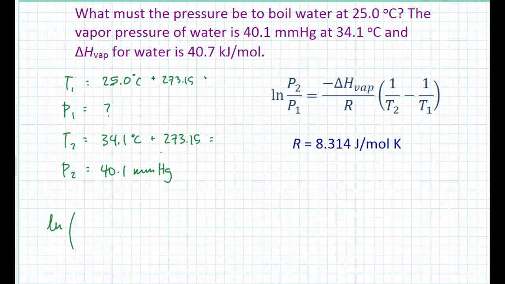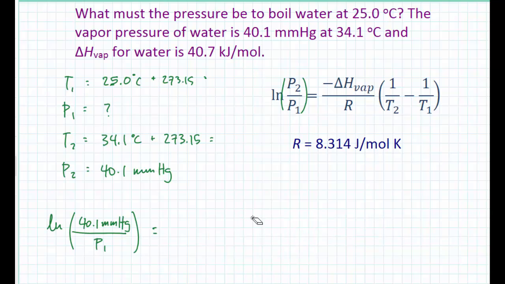Now make sure you put parentheses. I would even do it in the formula over there, because I've seen a lot of people not understanding that those are parentheses inside of that natural logarithm there. So it's going to be 40.1 divided by P1. And then all the rest of this over on the right is numbers.